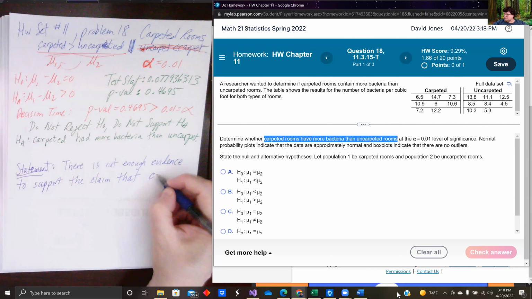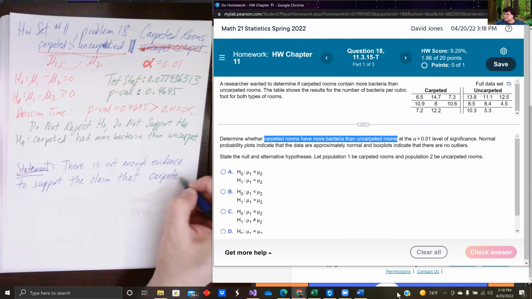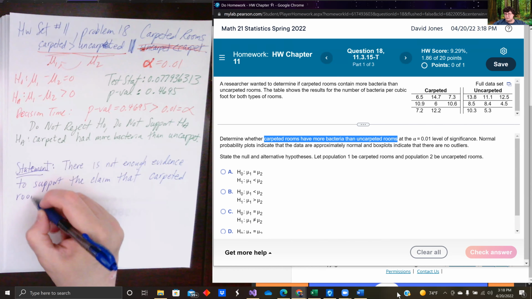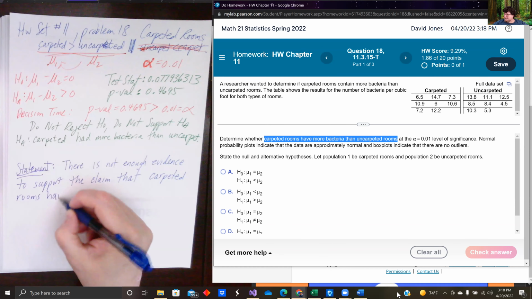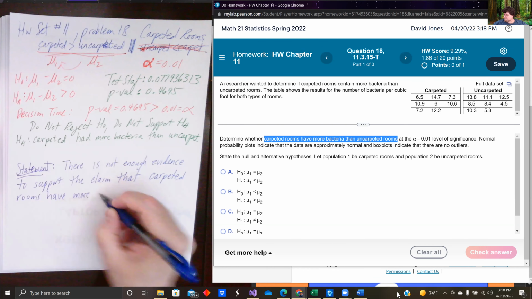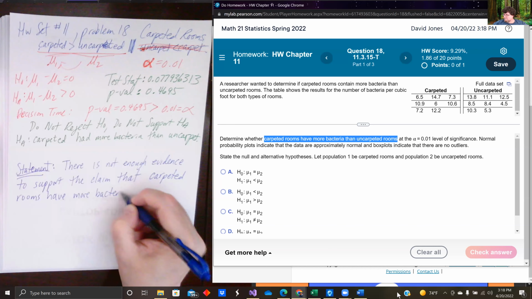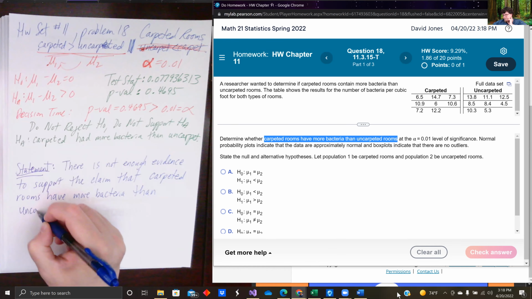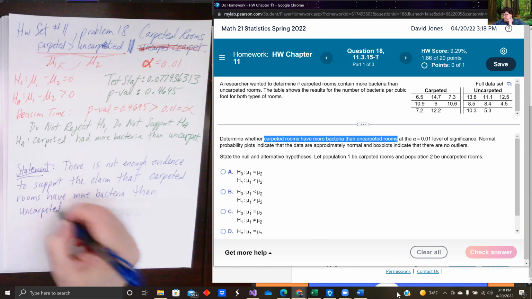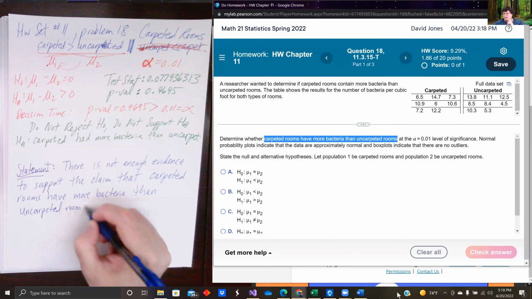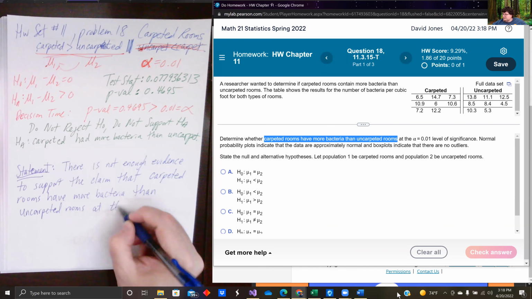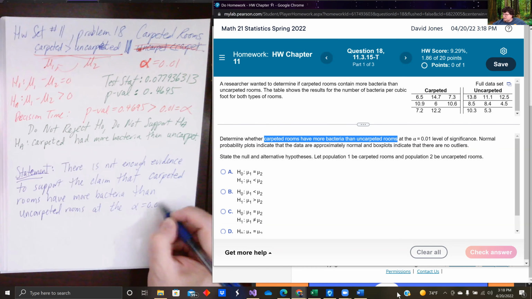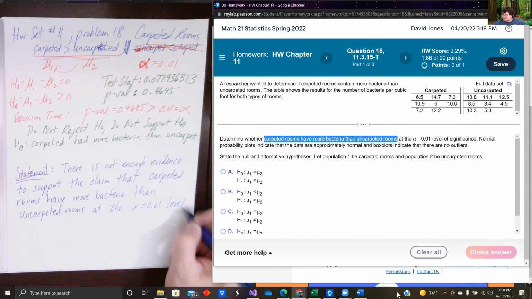That carpeted rooms have more bacteria than uncarpeted rooms, at the alpha equals 0.01 level of significance.